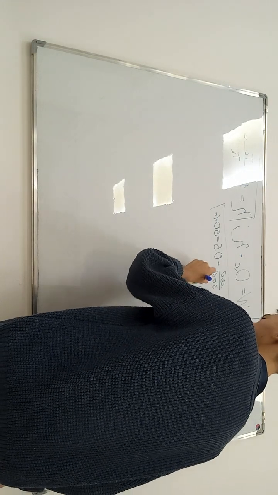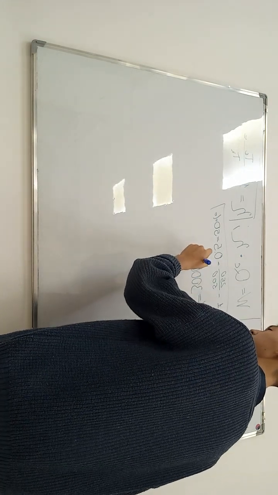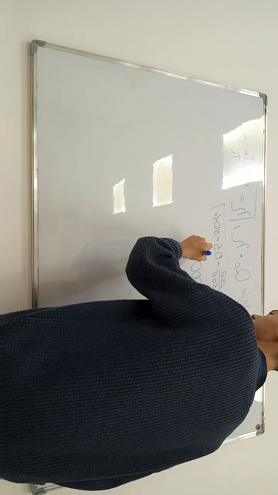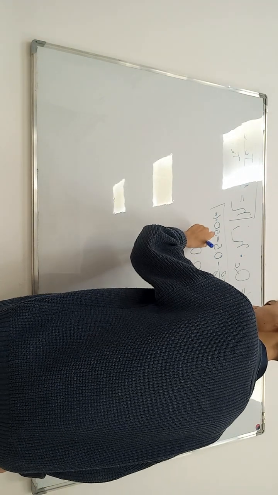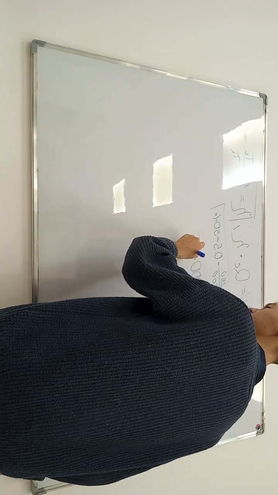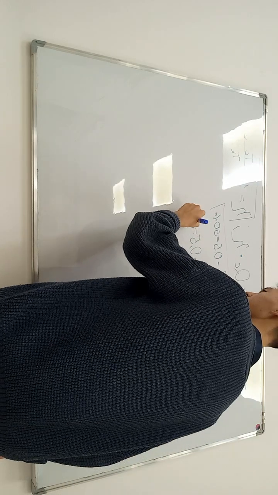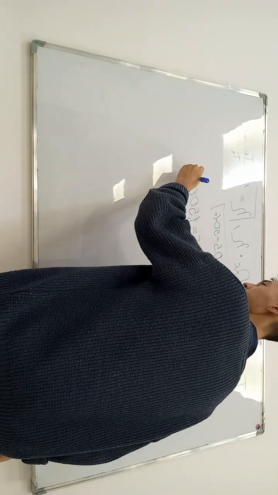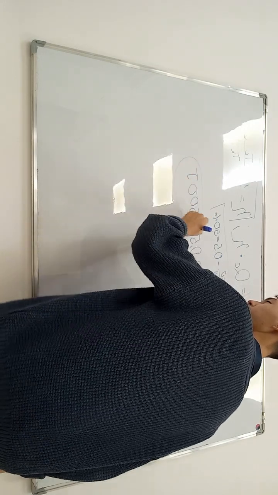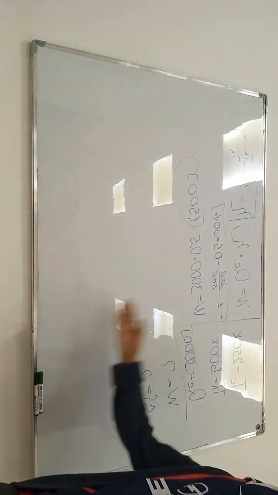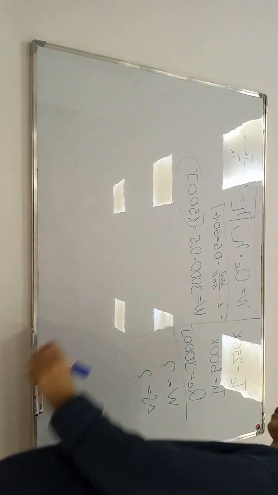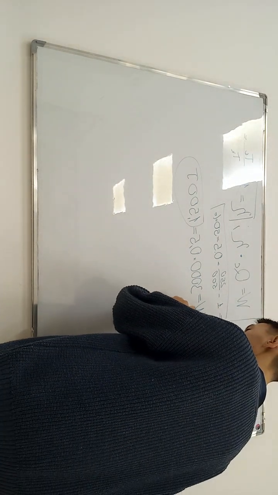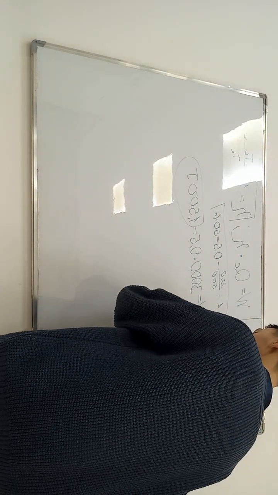Just put it here: 3000 multiplied by 0.5. The answer is 1,500 joules. Okay, we found the work. And we need to find the total entropy.